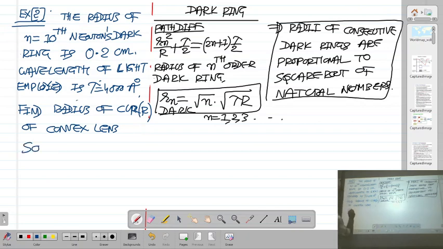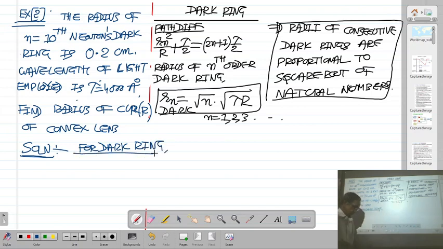So for the solution, for the dark ring, which condition do you use? For the dark ring, which interference will occur? Destructive interference occurs.